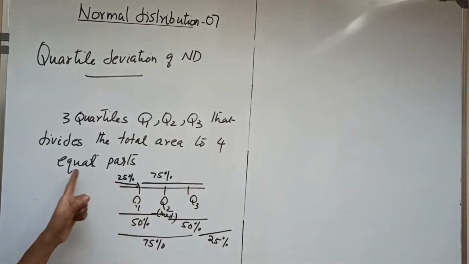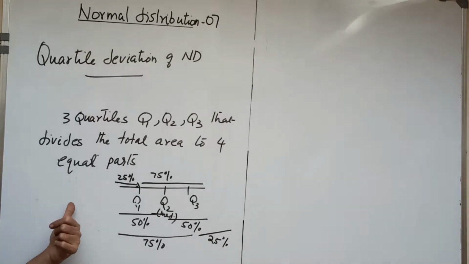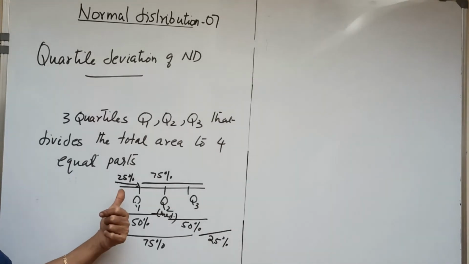Q1 is such that 25% is below Q1, so that probability x less than Q1 equals 0.25.